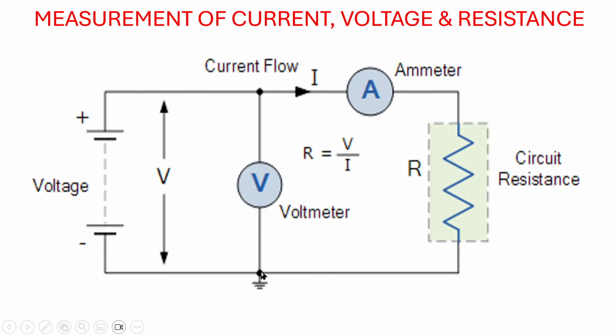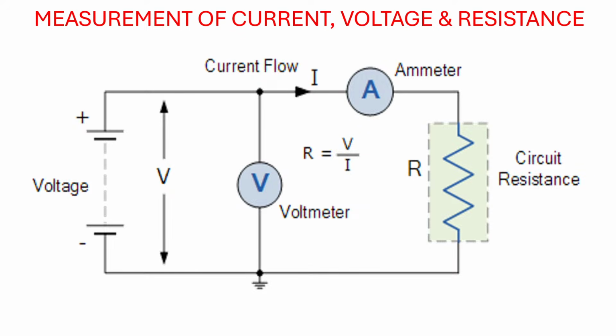So you place it in parallel with the source or the device whose voltage you want to measure, across the component. For current, the line that you want to measure the current flowing through, you break the line into two.